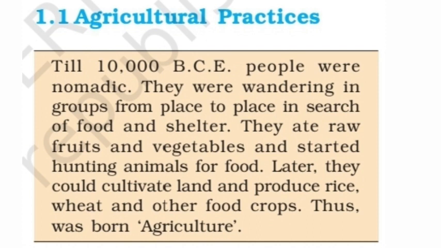They ate raw fruits and vegetables and started hunting animals for food. Later, they could cultivate land and produce rice, wheat, and other food crops. Thus was born agriculture. This is a brief history of how agriculture originated on this planet.